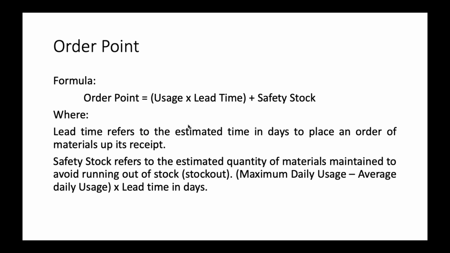And the formula for the order point is usage times lead time plus the safety stock, where the lead time refers to the estimated time in days to place an order of materials up to its receipt, while the safety stock refers to the estimated quantity of materials maintained to avoid running out of stock, and that is maximum daily usage minus average daily usage times the lead time in days.